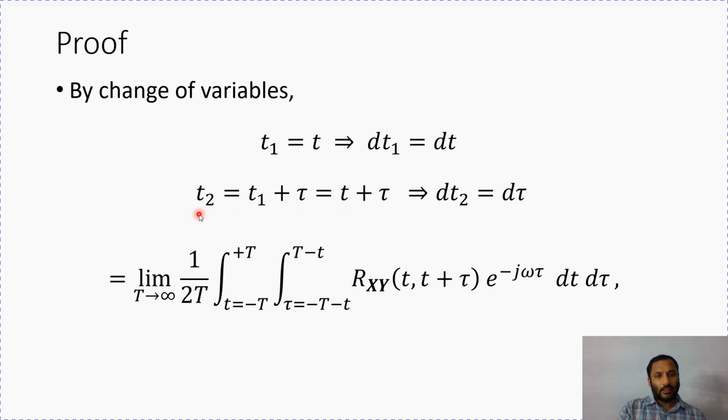It is minus T minus t. As small t is equal to capital T, we can substitute that into this expression to find out what the value of tau is. Tau takes the value capital T minus t.